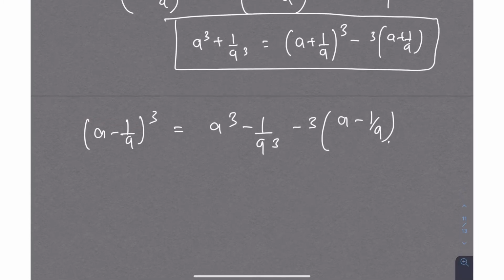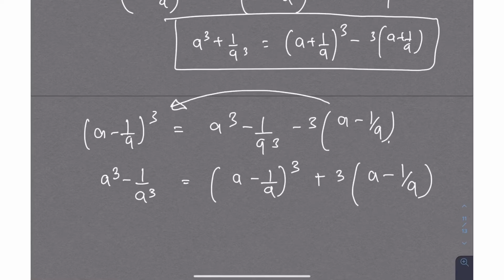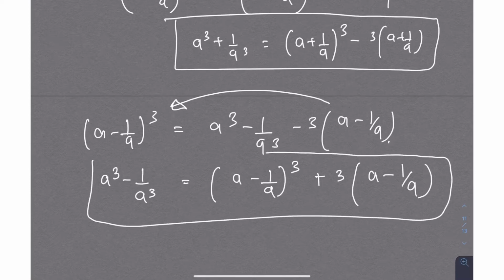So when we rearrange the terms, we get a cube minus 1 upon a cube is equals to a minus 1 upon a the whole cube minus 3 into a minus 1 upon, sorry, plus will come, because since we are shifting this to the left hand side, the sign is going to change, minus will become plus. So again, this formula is very important, we'll be using these two formulas, 1 and 2, maximum times.